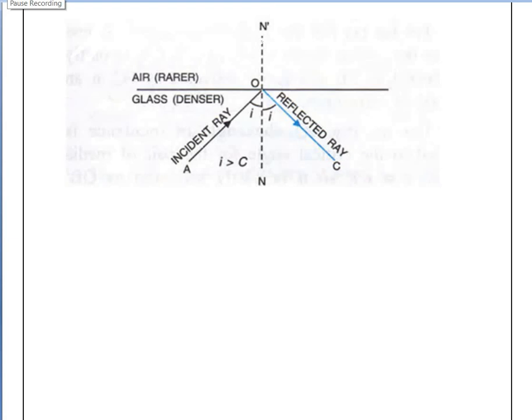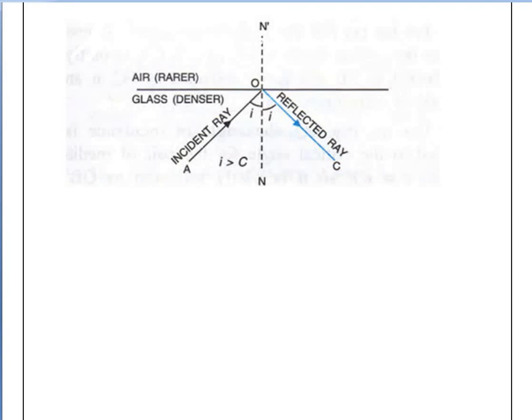So first, students, let me tell you briefly what is total internal reflection. When light travels from a rarer medium to a denser medium, at all angles of incidence a part of it is reflected and the rest of the light is refracted at the boundary surface. Both reflection and refraction occur simultaneously.